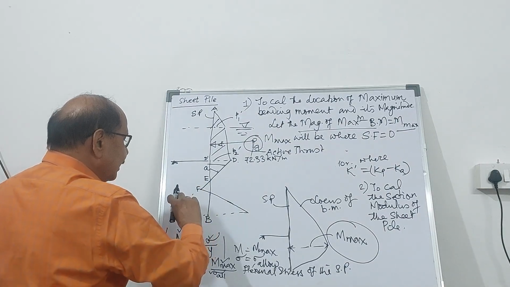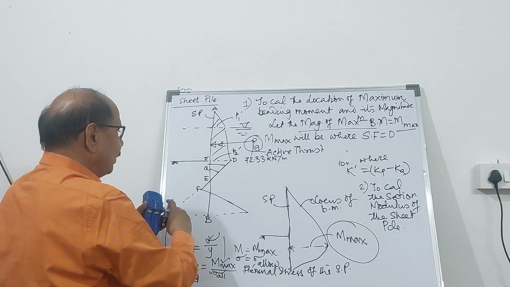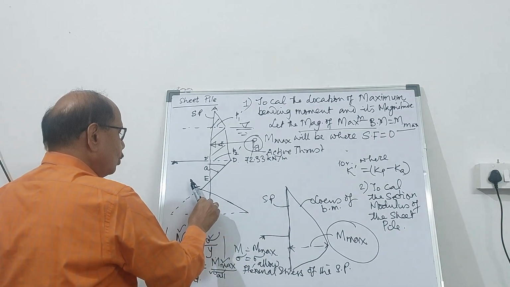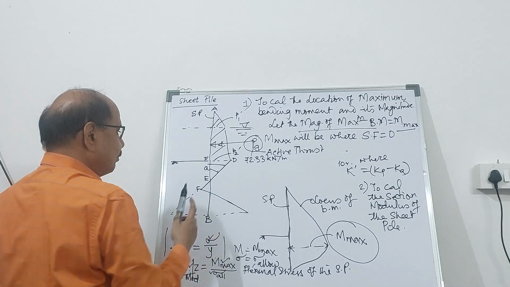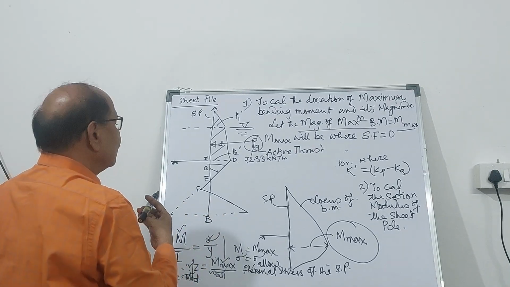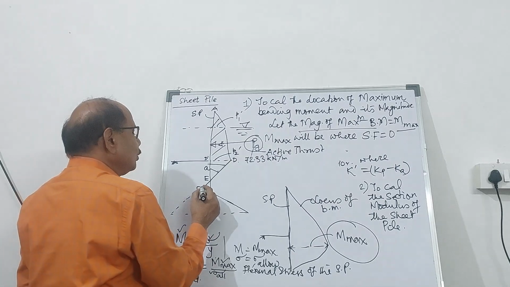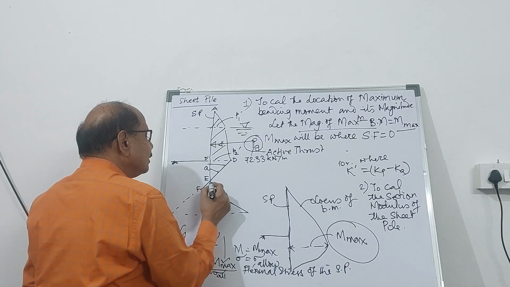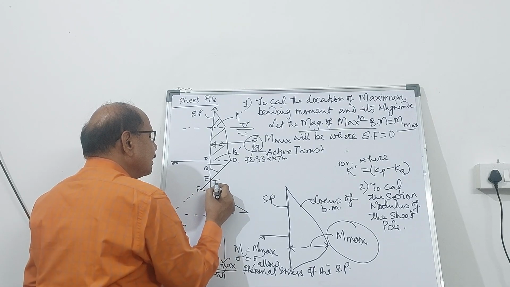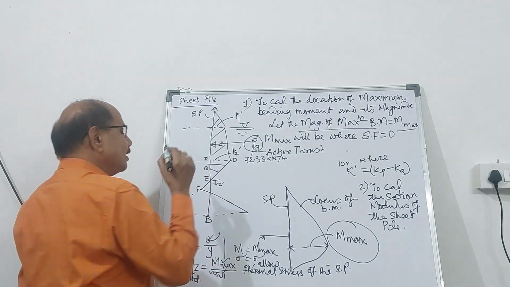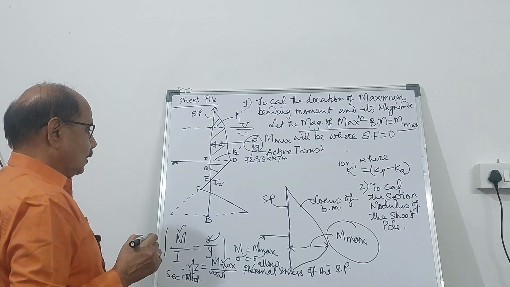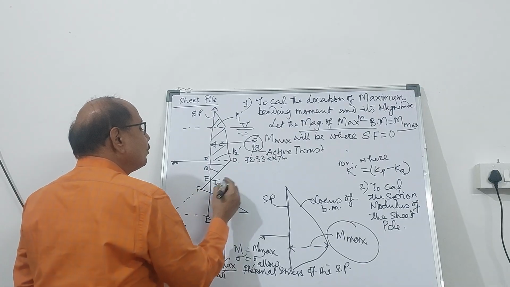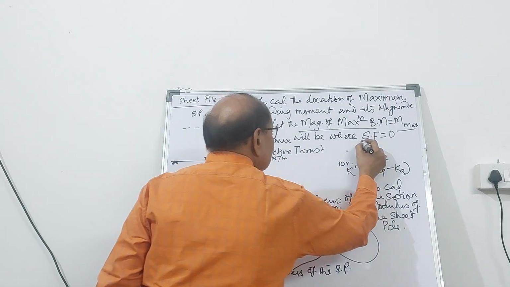Now here the sheet pile is going to bend like this, and therefore there is going to be mixed active and passive thrust. So what is going to happen here is, let's say at a particular depth Z bar from E, the shear force becomes 0.